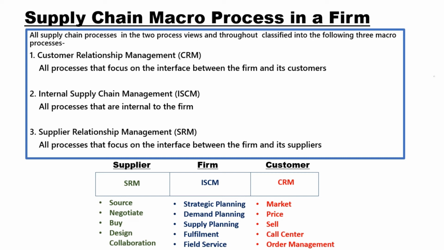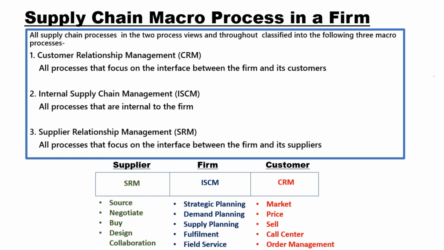Now let's see what comes under supplier, what comes under firm, and what comes under customer. So SRM, supplier relationship management: there is sourcing, negotiation, buy, design, and collaboration.